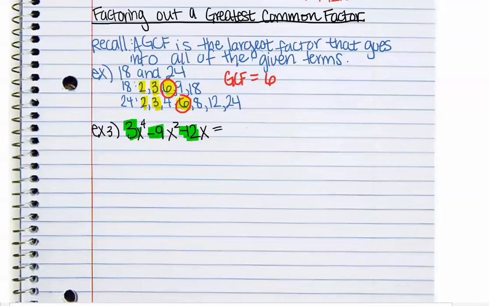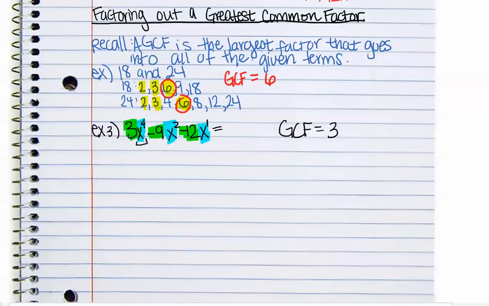So let's just talk about finding the GCF. Okay, so it's 3, but now we have to look at the variables. So x to the 4th, x squared, and x are our variables. If you think of them as what is the thing that they have in common, it's really about the lowest exponent that you have, which in our case is this 1.